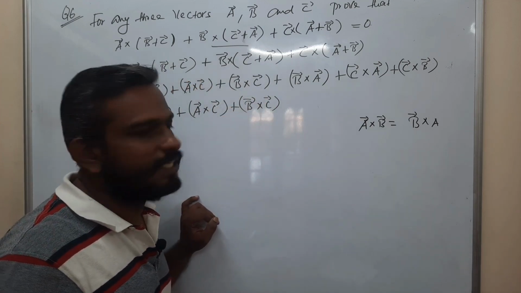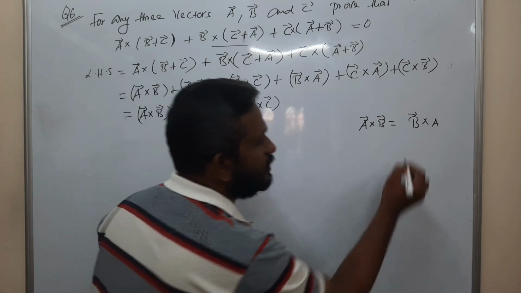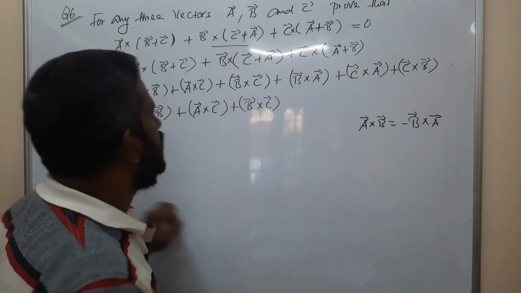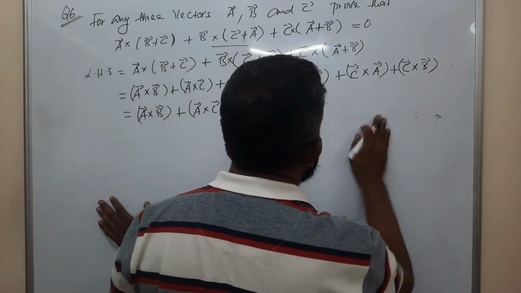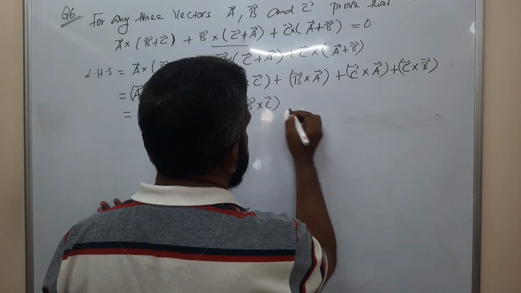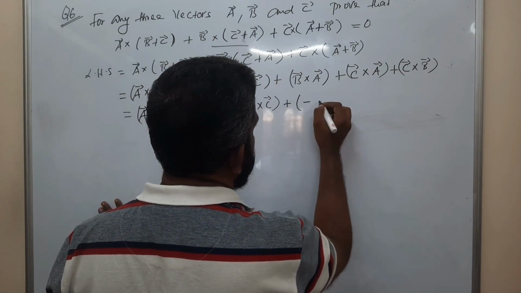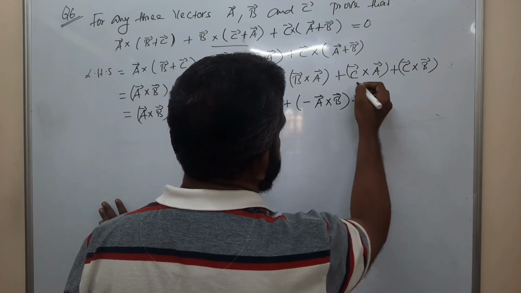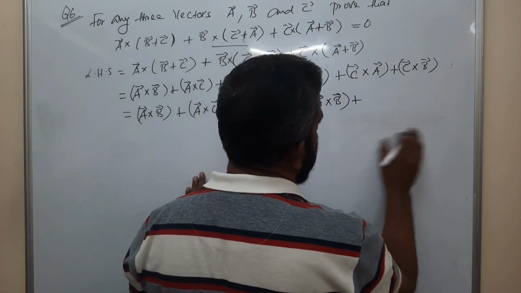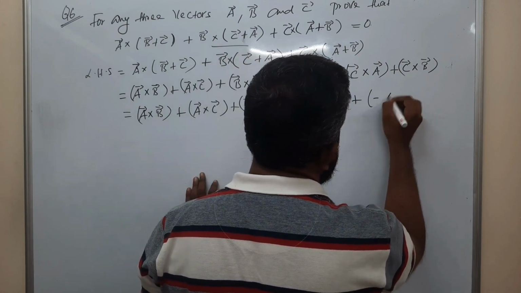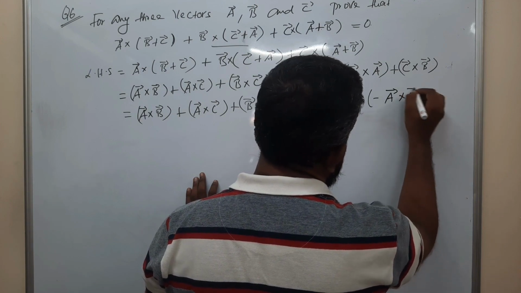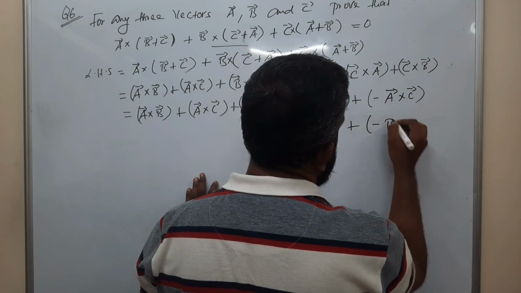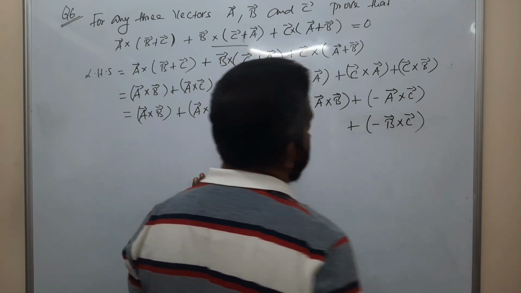By the principle of anti-commutative law, A vector cross B vector is equal to minus B vector cross A vector. So by that principle we can write B vector cross A vector as minus of A vector cross B vector. Plus this also, by the anti-commutative law, we can write minus of A vector cross C vector, plus this also minus of B vector cross C vector.